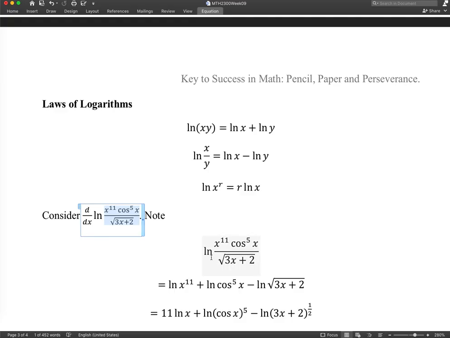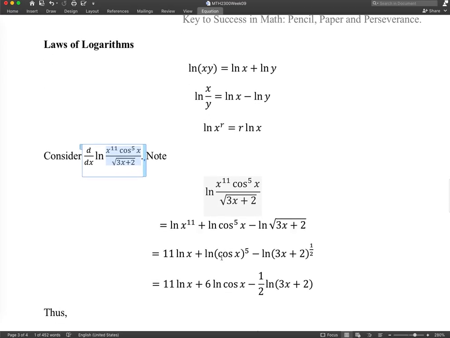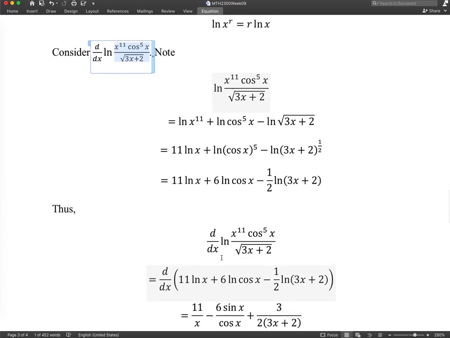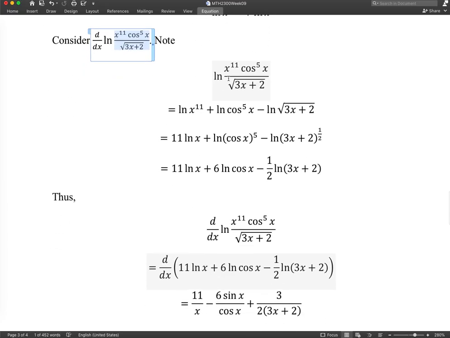I'm just considering this logarithm because this logarithm can be considered as a quotient, right? The logarithm of a quotient can be separated into a difference of two logarithms. And also the numerator part is a product, right? The logarithm of a product can be separated into two logarithms.